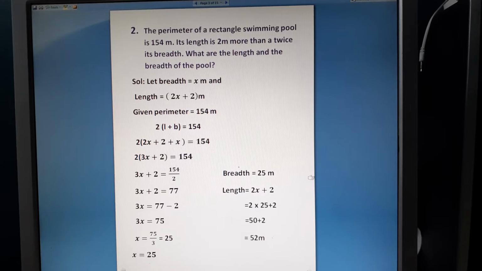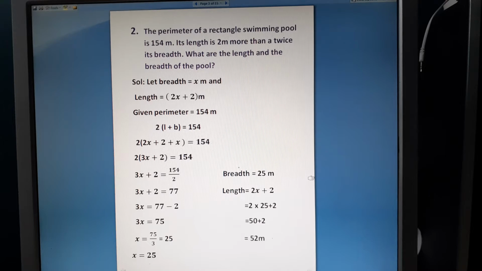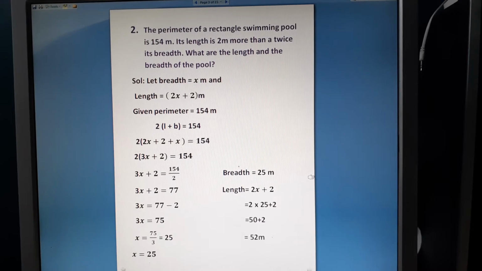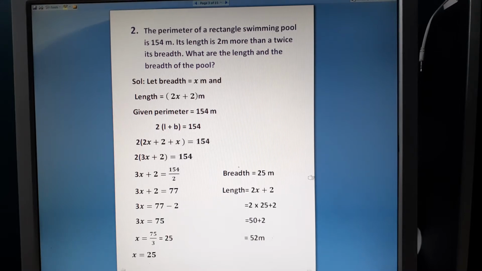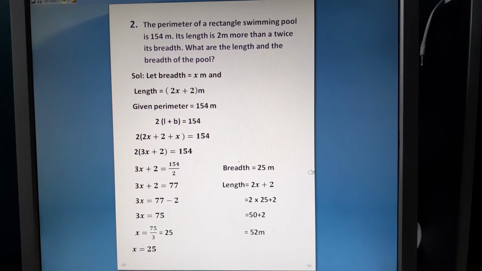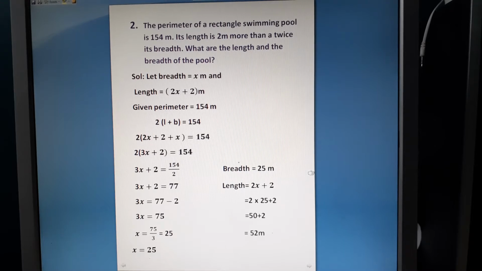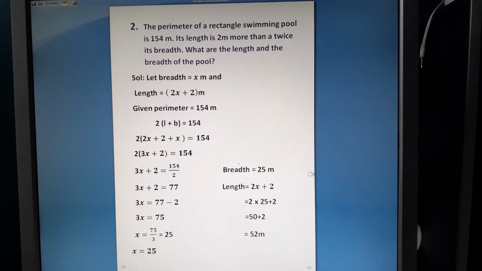Substitute the length and breadth values. 2 into length 2x plus 2 plus breadth x, that is equal to 154. 2 into 2x plus x is 3x plus 2 is equal to 154. Then 3x plus 2 is equal to 154 divided by 2.